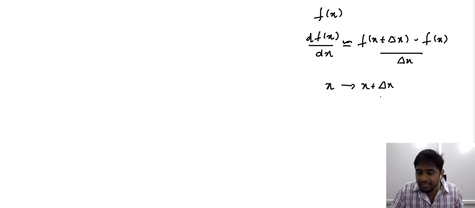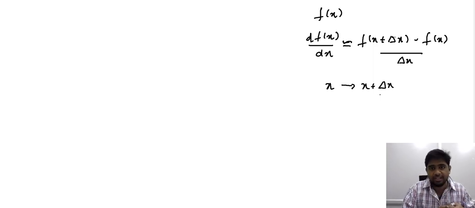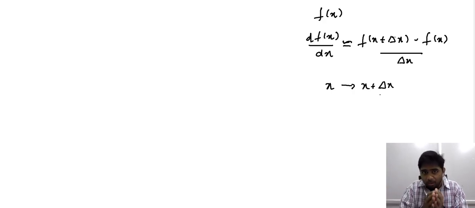Now a characterizing feature of this way of expressing a derivative is that, in addition to the original x value, we are considering a position that is greater than the original x value. We are considering an x value that is on the right hand side of x.